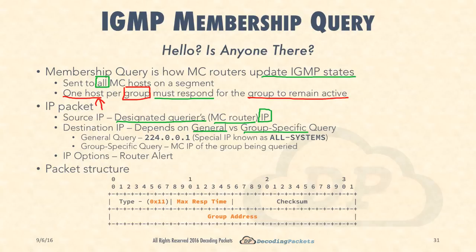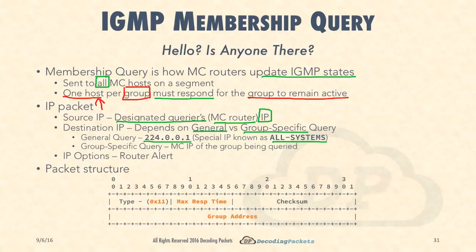So it's important that everybody receives this. It is sent to 224.0.0.1, a special IP known as the all systems multicast IP. Every single receiver, host, router, switch, anybody, should process this message. So this is the general query message.